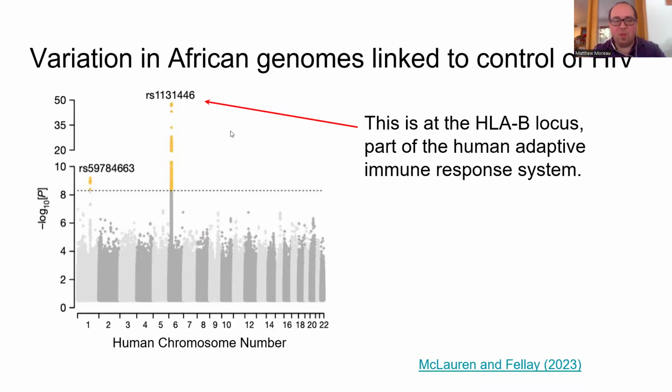Not to say that we should rule out ones, but as you can see, this RS59 some odd number is only a few data point hits above the noise, and this RS1131146 has a significant number of hits that lie beyond the noise ratio. And this actually kind of makes sense because this particular locus is in the HLA-B locus.